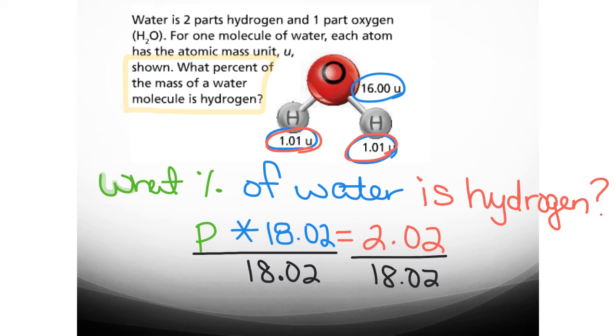Even though you've been told that P equals 0.112, that is the decimal form of the percent. We need to multiply it by 100, and we get the answer of 11.2%. It's a sneaky 100 that's in there.